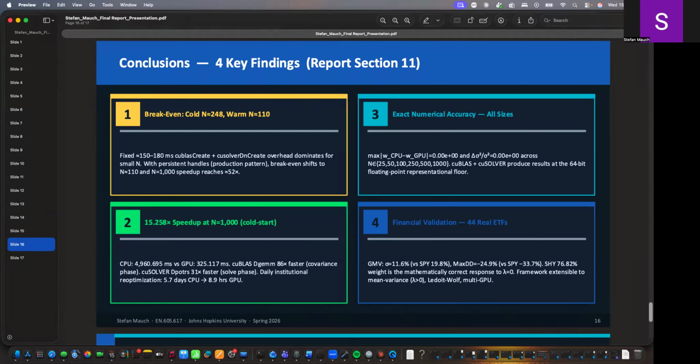And just back to the insights, the GPU had break even at roughly 240 assets and 100 under covariance computation. So depending on the number of assets, in the end, I was able to scale up and run the code 15 times faster on GPU than CPU. That was pretty cool.